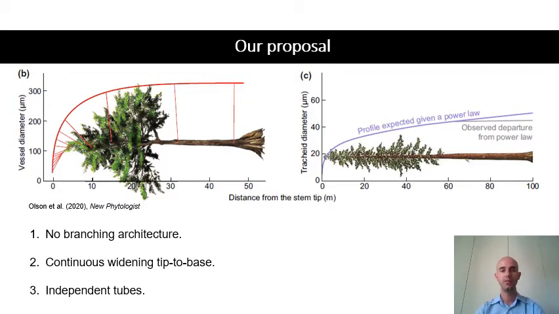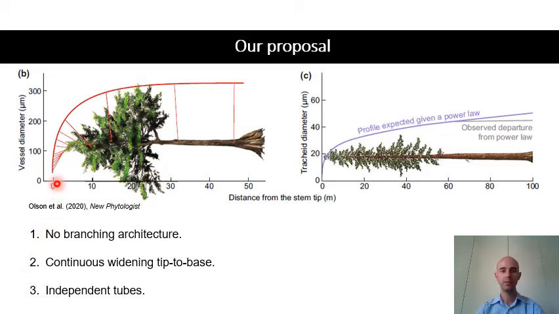In our study, we propose a very general mathematical framework of the variation of the vessel diameter as a function of the distance from the stem tip. And this framework is so general that it can be applicable in principle to any kind of vascular terrestrial plants. And this model does not rely on any branching architecture. It considers the vessels as continuously widening tip to base, and each of them are independent tubes.